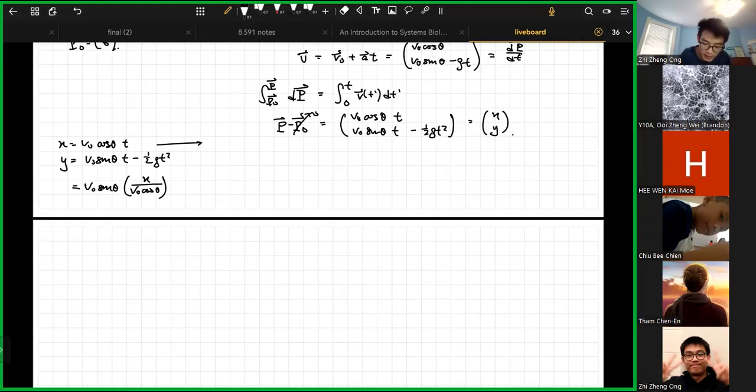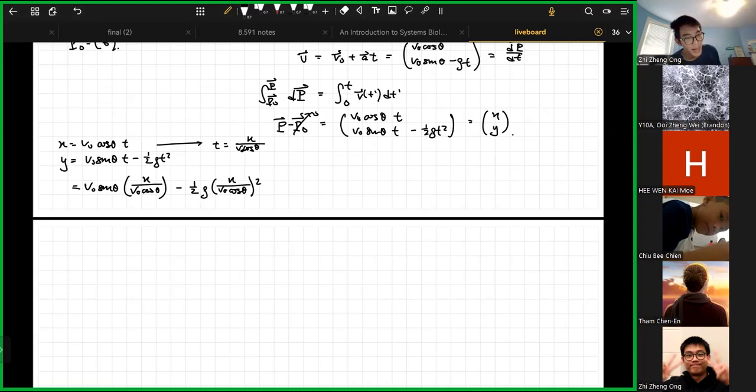So y equals x over v naught cos theta, minus half g times that squared.